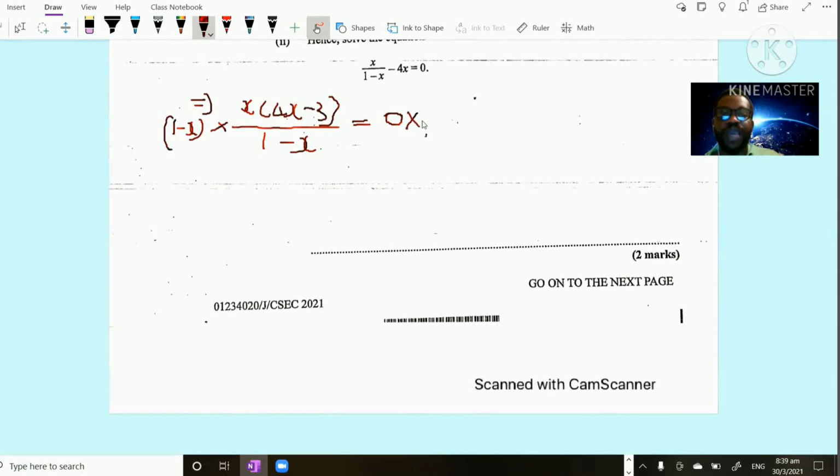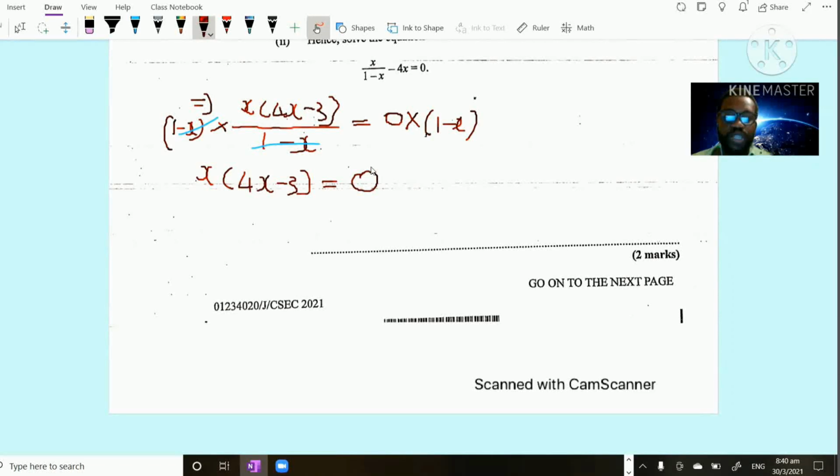All right, so we multiply both sides by 1 minus x. The beauty about this is that this is going to cancel out. So this takes this out. All right. Now, so I'm gonna have x into 4x minus 3 equals 0 multiplied by anything is 0. So that's complete. Now, why is it so useful now?